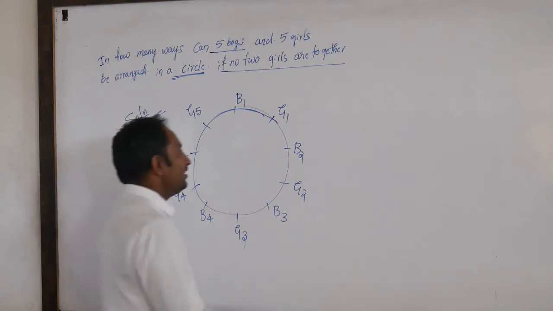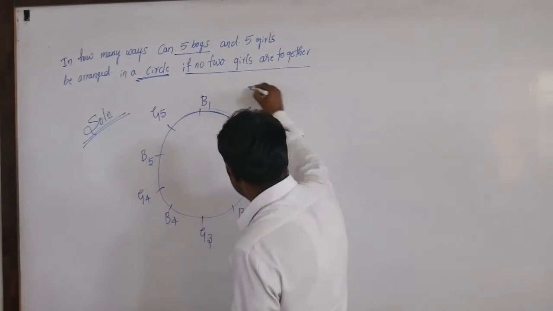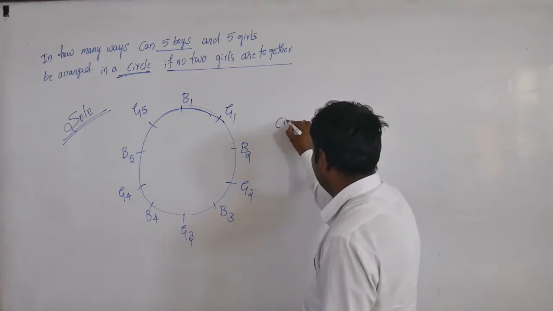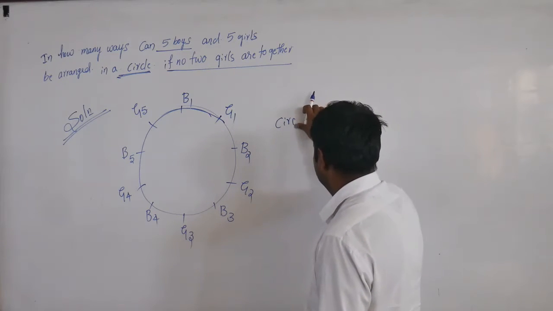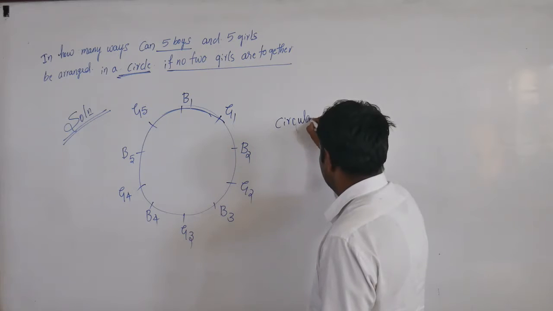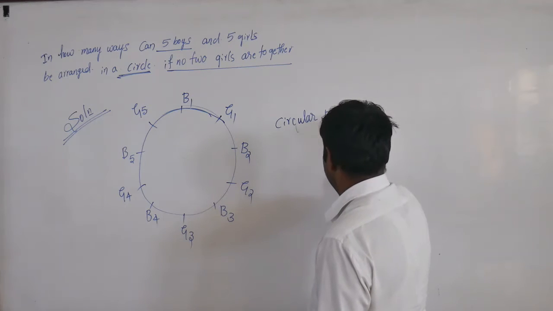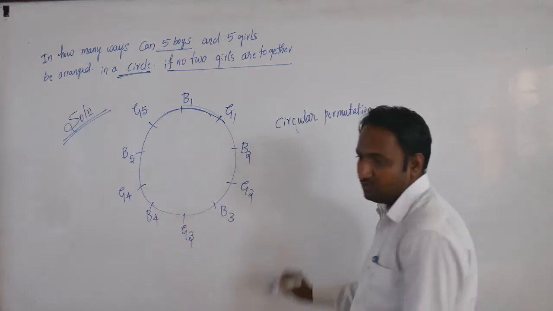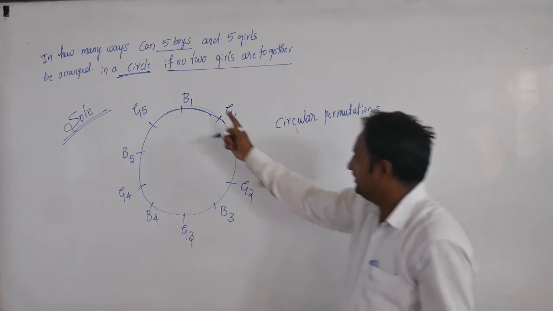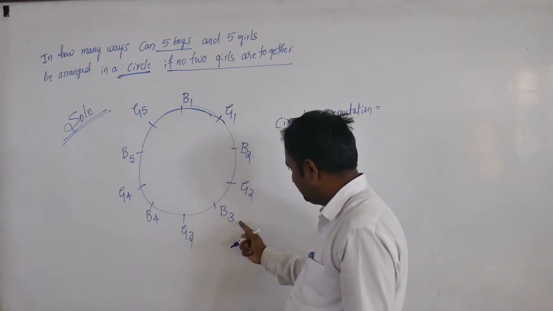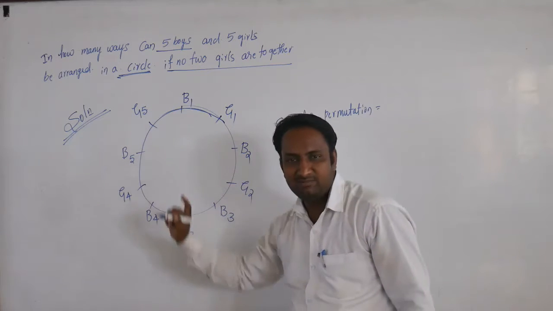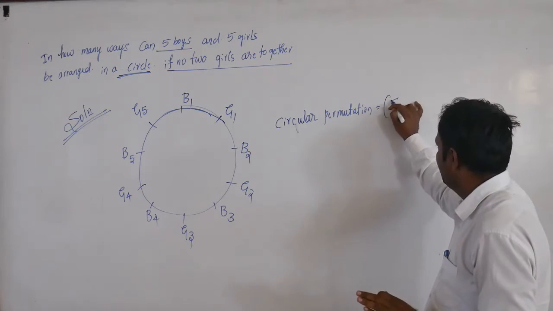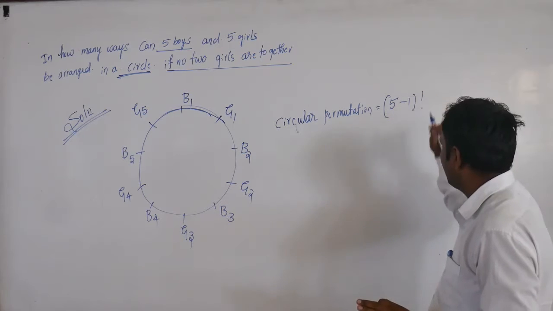First, the boys' arrangement is represented by circular permutation. The boys B1, B2, B3, B4 and B5, 5 boys, give 5 minus 1 factorial.